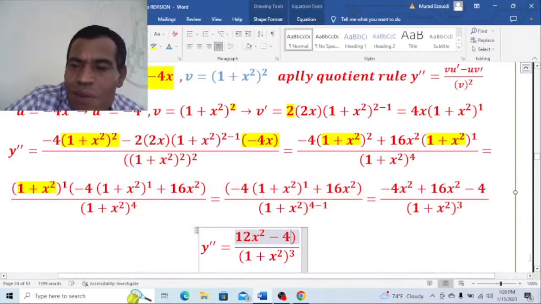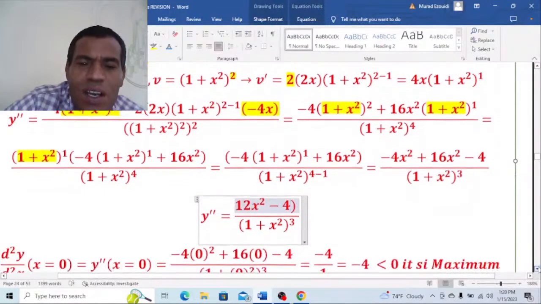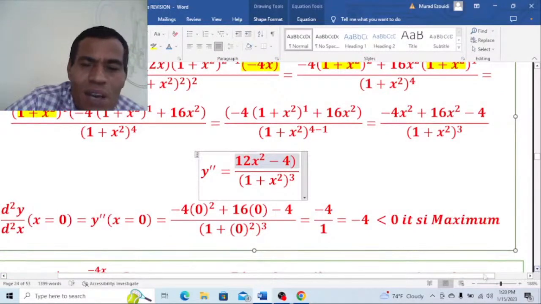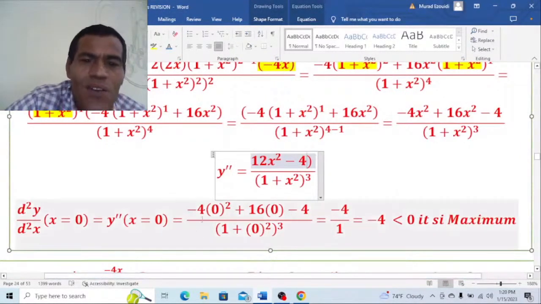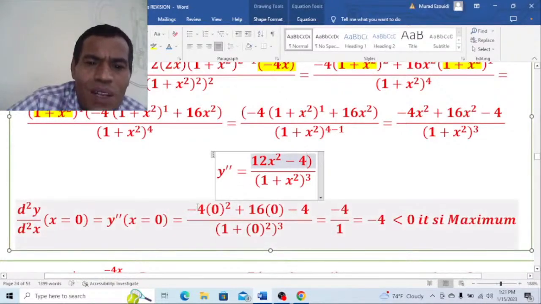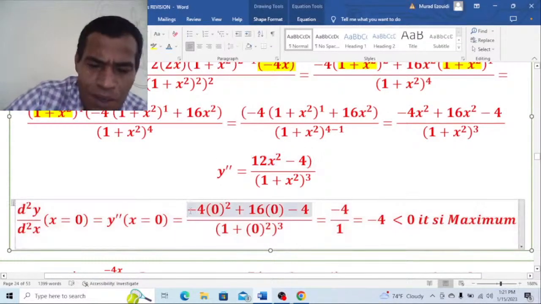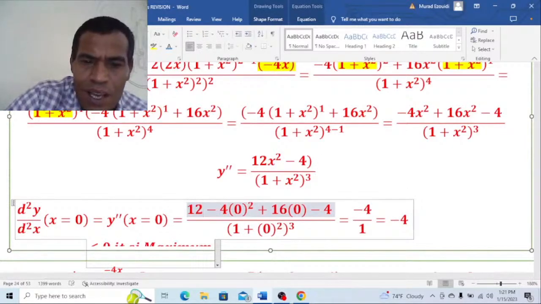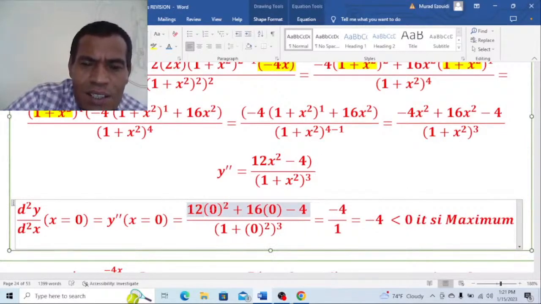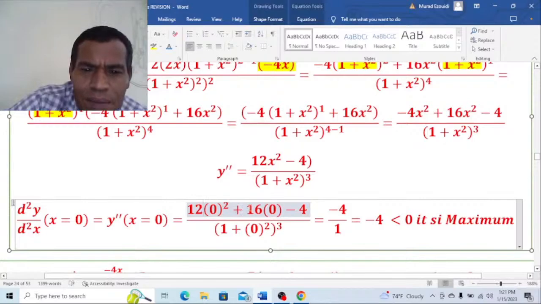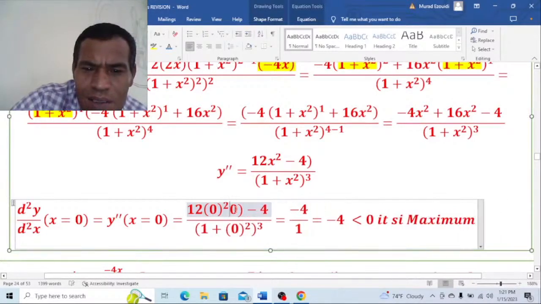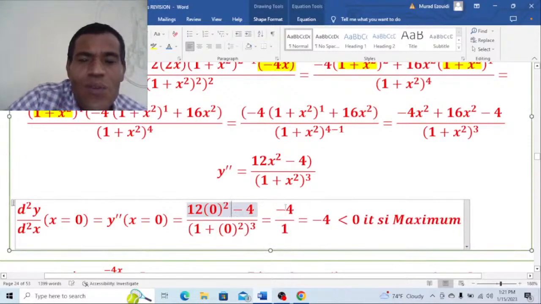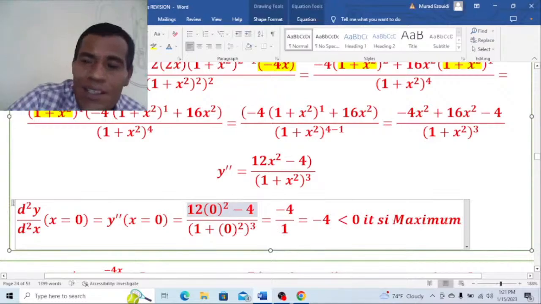Therefore, learners, I found the second derivative of the function. Now I will substitute x with 0 to find its value. It will be 12 times 0 squared, minus 4, which is negative 4, divided by 1 to the power of 3, which is 1, so it's a maximum.